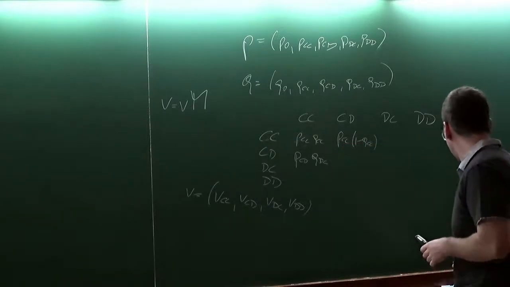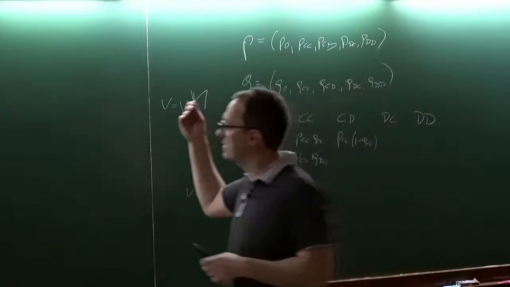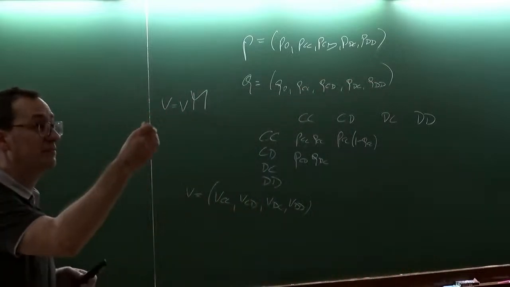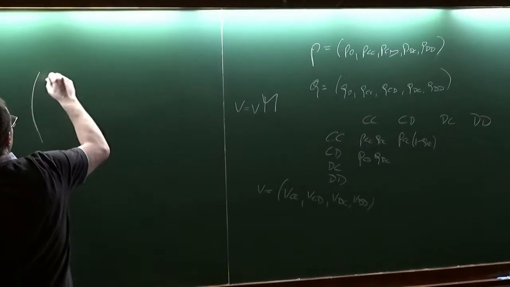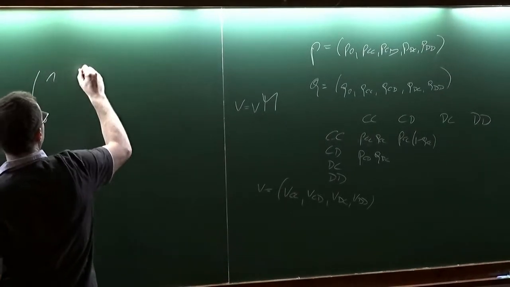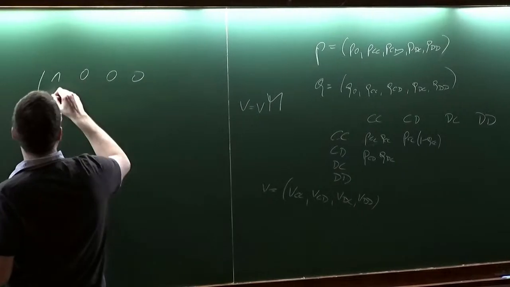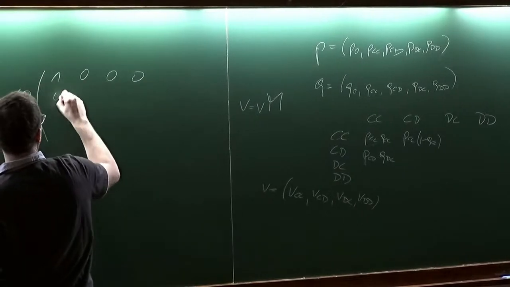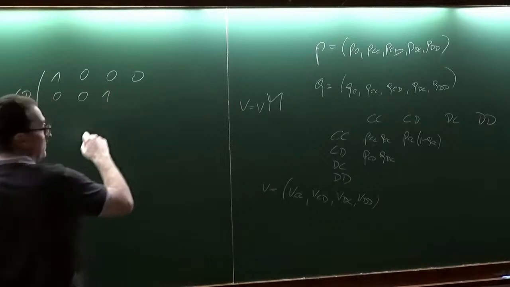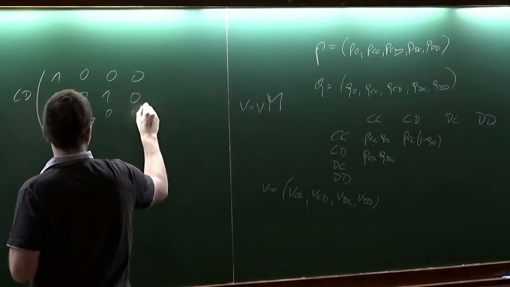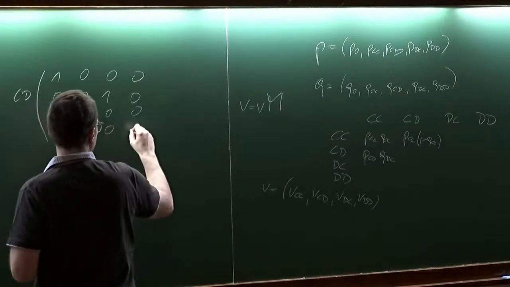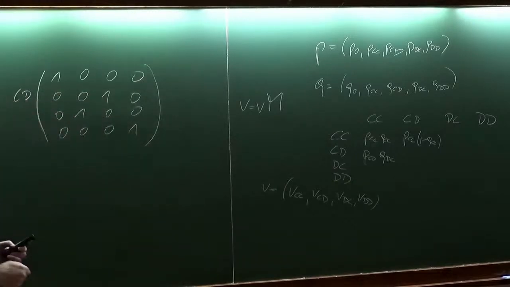A very interesting example is exactly this tit for tat versus tit for tat. For tit for tat versus tit for tat, the transition matrix would look like this. If we both cooperate, there is a probability of 1 that we will cooperate again. If the previous outcome was CD, in the next round it will be DC. So this happens to be the transition matrix for tit for tat versus tit for tat.